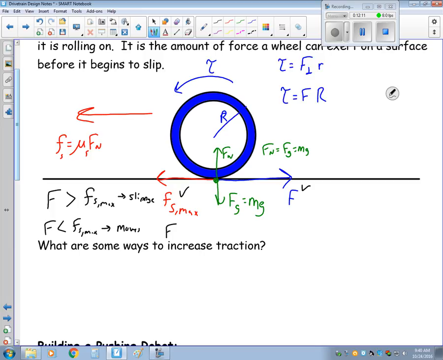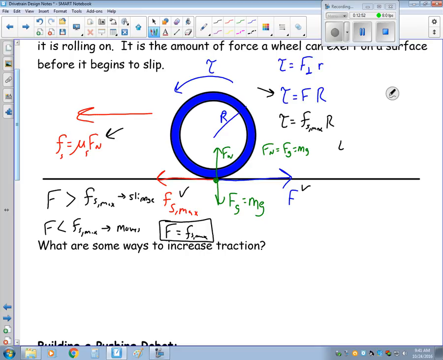So that means that we want this applied force to be equal to the maximum static friction. So this is what's important right here. We want to make sure that this force is equal to the maximum static friction. So then coming back up here, our torque, which equals the applied force times the radius of the wheel, we're going to modify this and we're going to say, okay, now that force needs to be equal to the maximum static friction. But the maximum static friction is the coefficient times the normal force.